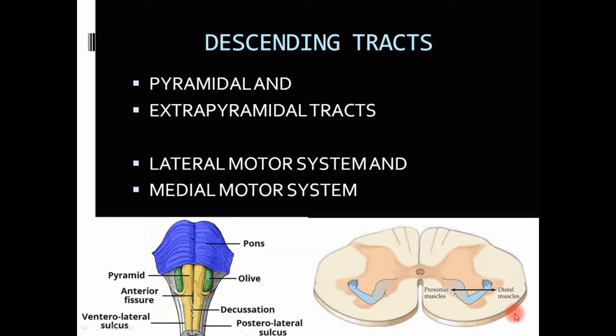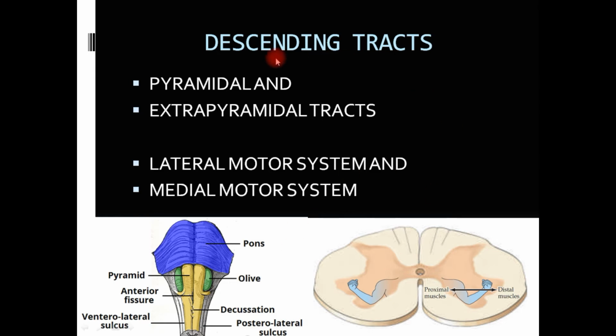Now coming to our main topic, that is the descending tracts. These descending tracts, as we have already studied, are the tracts which arise from the motor cortex and the brain stem. They are divided by two different types of classifications.